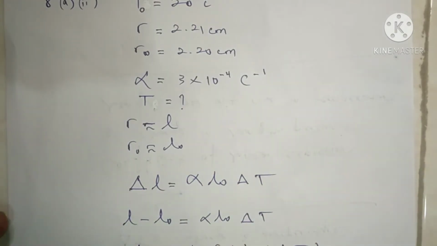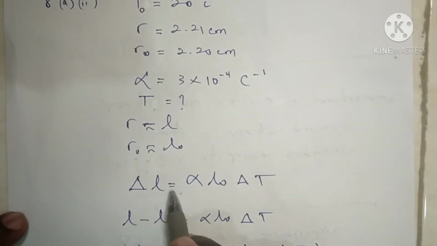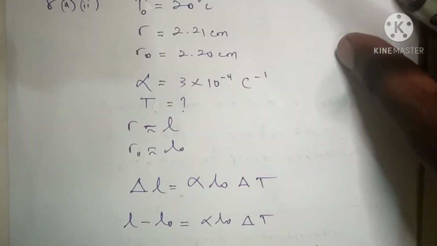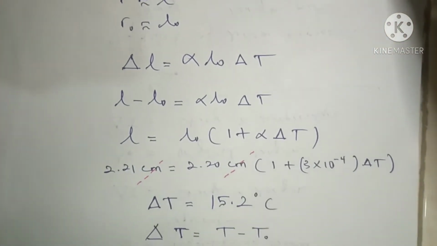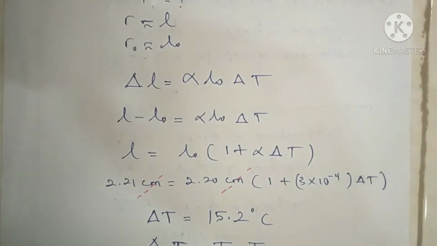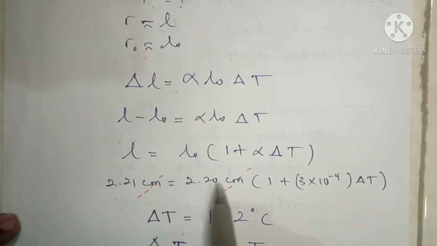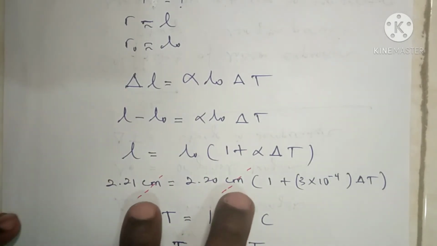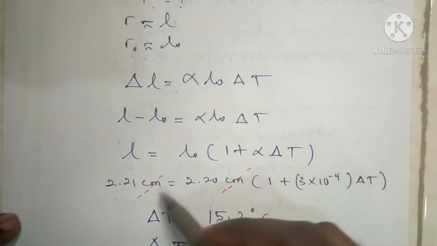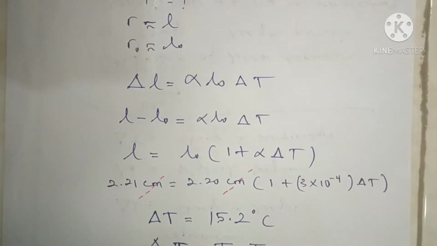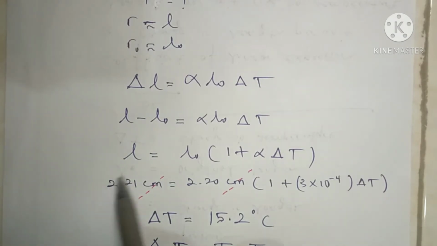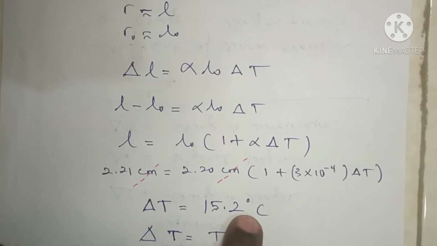So by using this equation, change of length equals alpha times L naught times del T, we substitute all the values accordingly into the equation. Please take note, for these two parts there is no need to convert to meter because the centimeter cancel each other. Once you substitute all the values, you will get the change of temperature is 15.2 degrees Celsius.